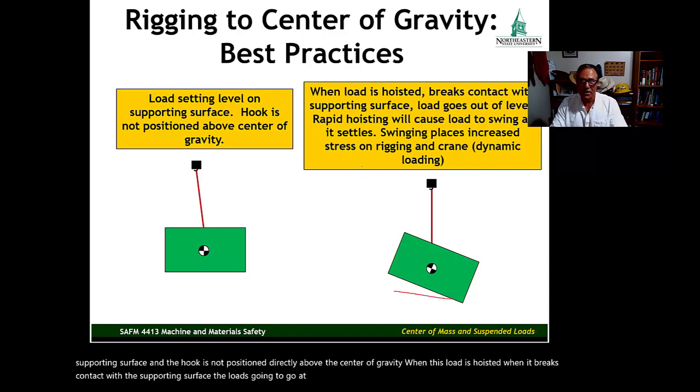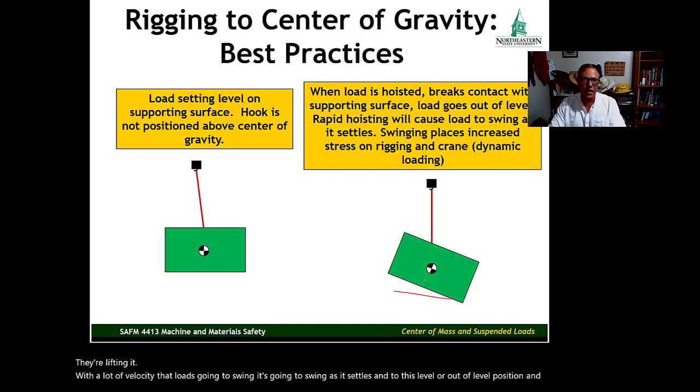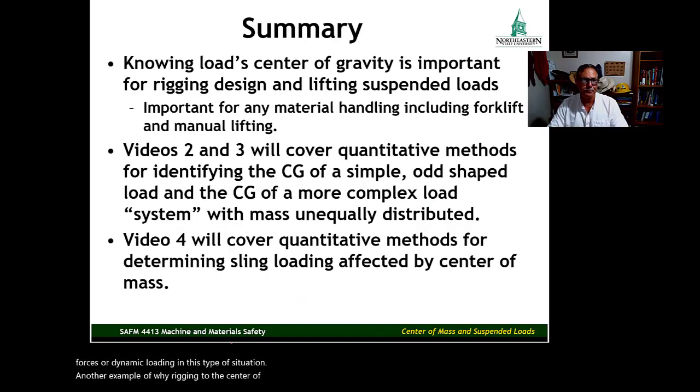And if there's rapid hoisting, if they're lifting it with a lot of velocity, that load is going to swing as it settles into this level or out of level position. And swinging places increased stress on the rigging, on the crane, on every part of the lift, which is going to receive increased forces or dynamic loading in this type of situation. Another example of why rigging to the center of gravity is important.